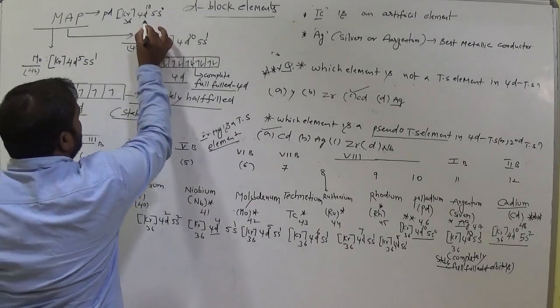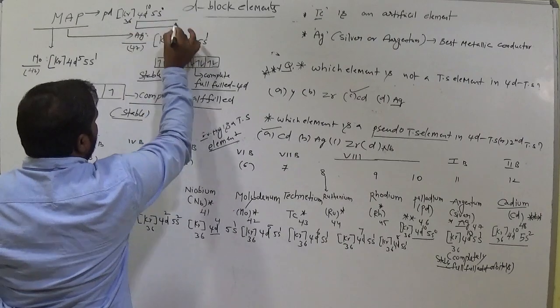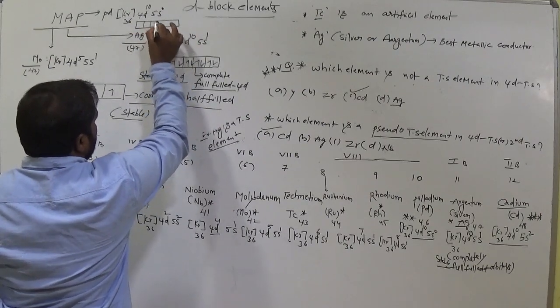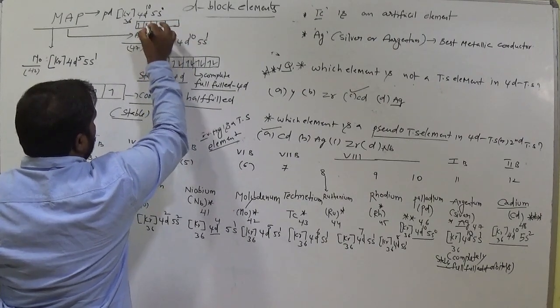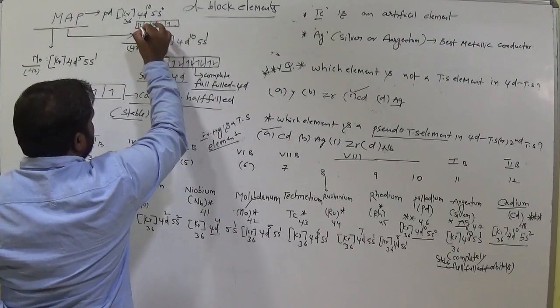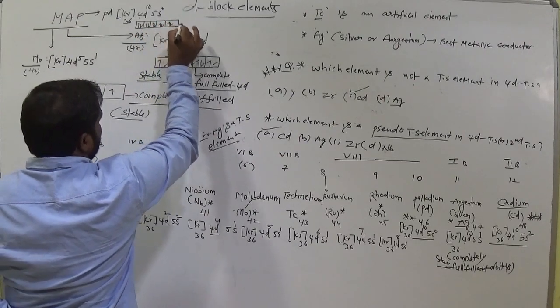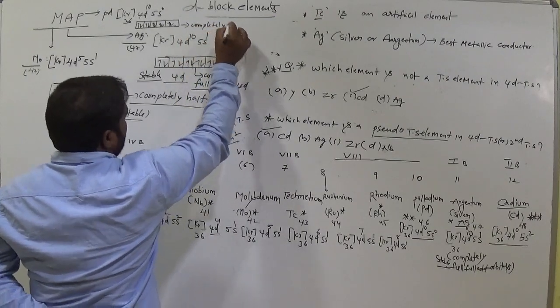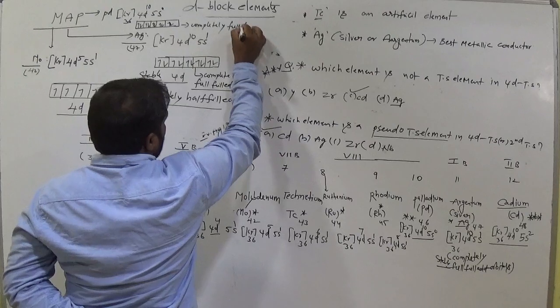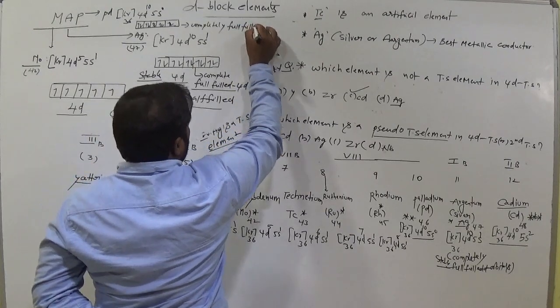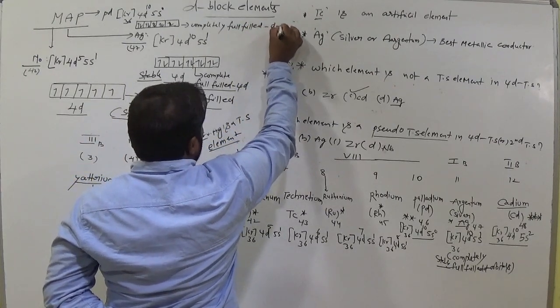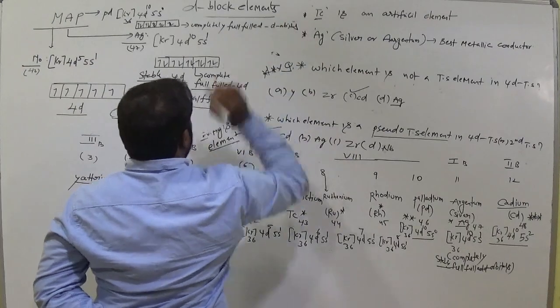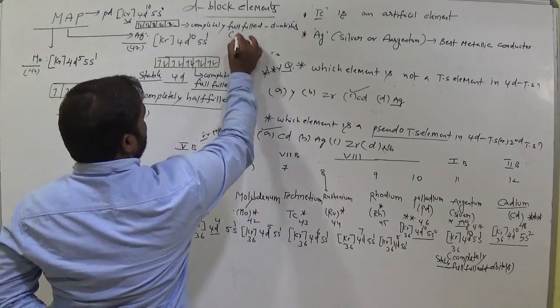So here it is also completely filled: 1, 2, 3, 4, 5, 6, 7, 8, 9, 10. Completely fulfilled d orbitals. So that means stable.